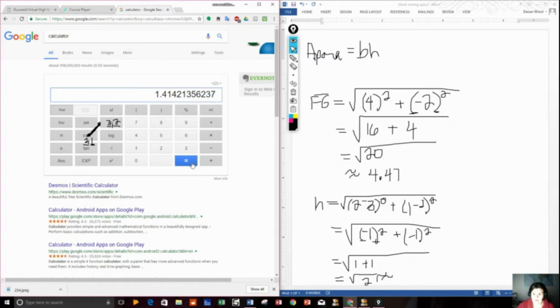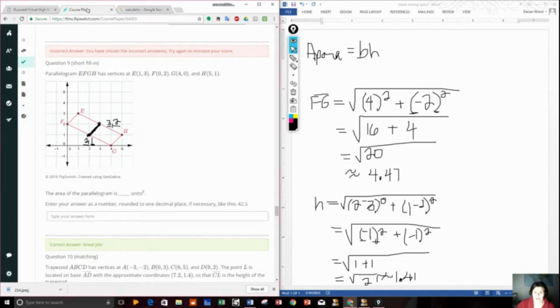Square root of 2, 1.4. Alright, I was off. 1.41. So now we're going to come back here and we're going to type in, we need the area of a parallelogram.